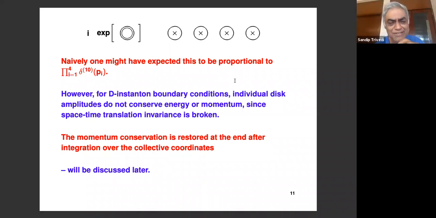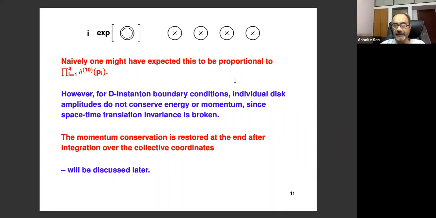Yeah, that is what was confusing me, because normally if you had these disconnected ones, you would separately conserve the... Yeah, exactly, but that's not the case here. In fact, here you don't conserve anything as it stands. Okay. Thank you. It's only after you integrate over the location of the D-instanton that you can recover momentum conservation. Yeah. But that we haven't seen yet from this diagram.